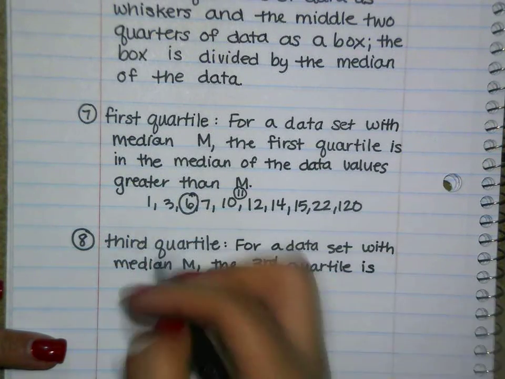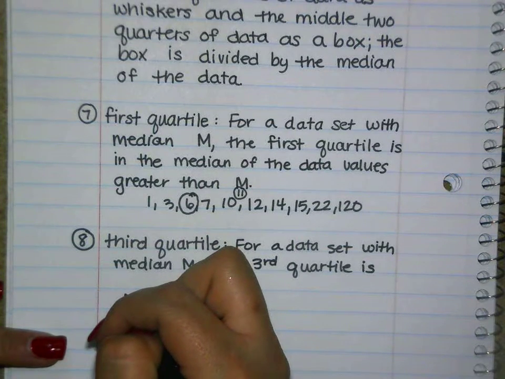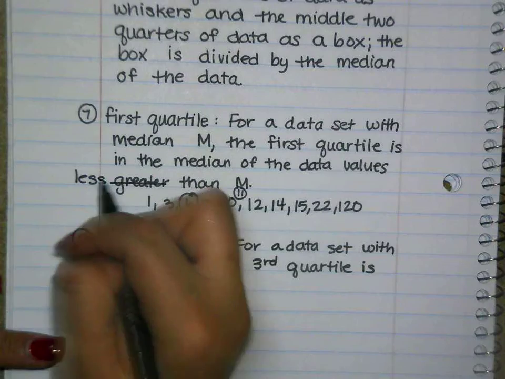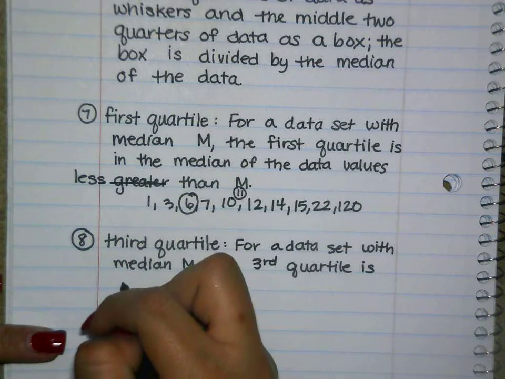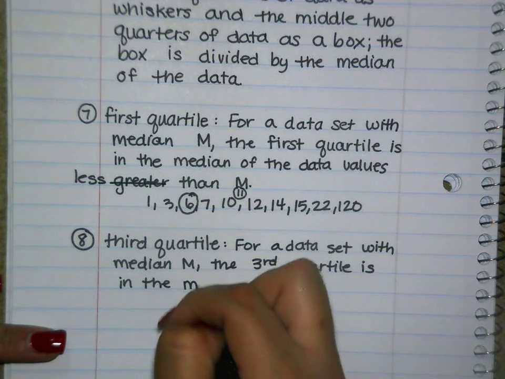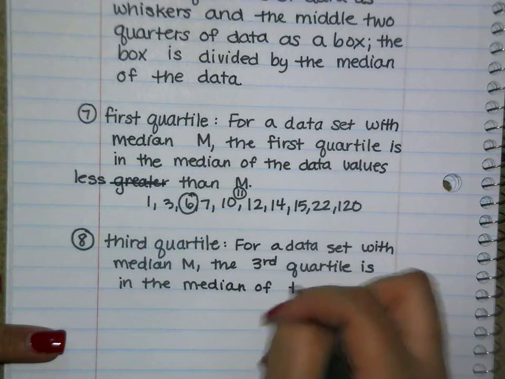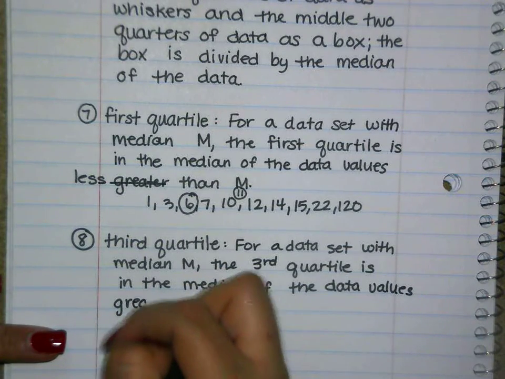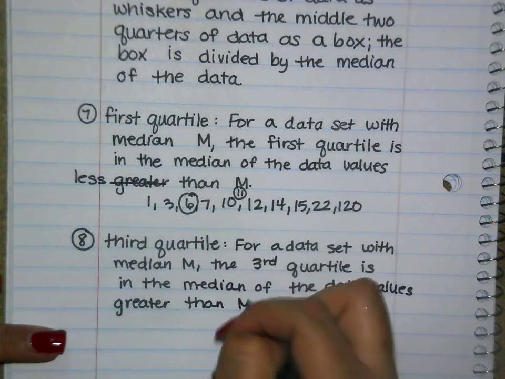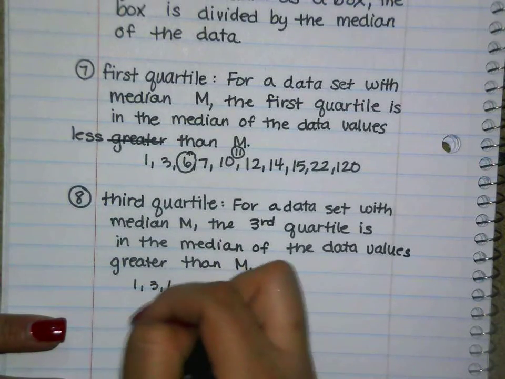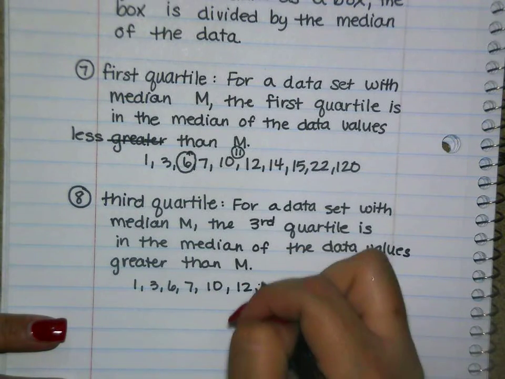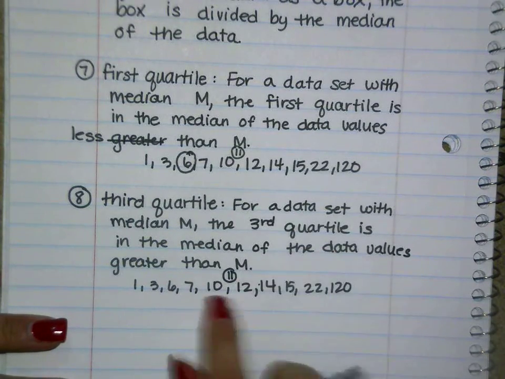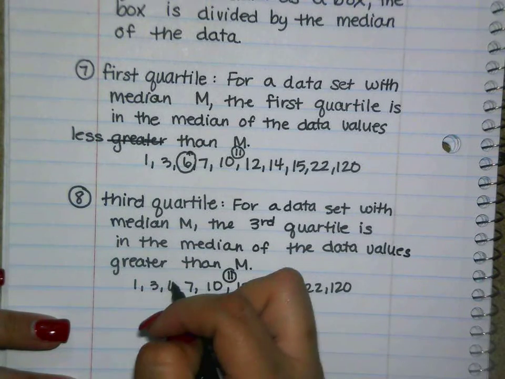Yep, I messed that up, so we switch this to greater. With the same data set, 1, 3, 6, 7, 10, 12, 14, 15, 22, and 120, where the median we now know is 11, the average of the two middle numbers, and the first quartile was 6, we go to the other side where the numbers are bigger, and we find the third quartile to be 15.